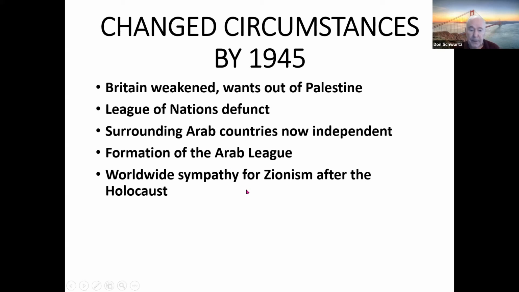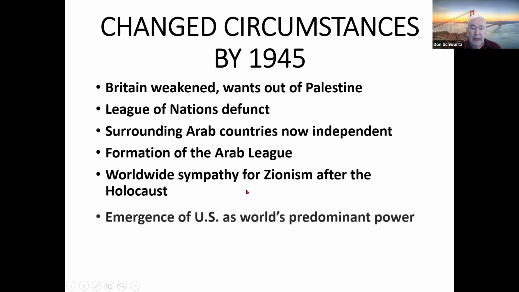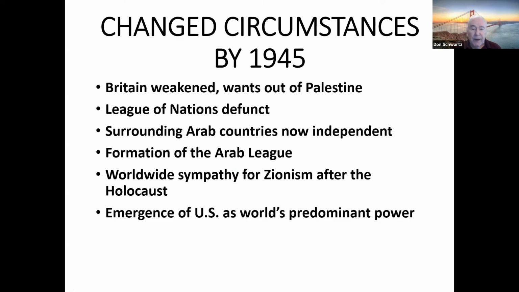Hitler's Nazism. And by the end of 1945, the United States had emerged as the predominant power in the world. And finally, the Cold War between the United States and the Soviet Union was underway in the years following 1945.